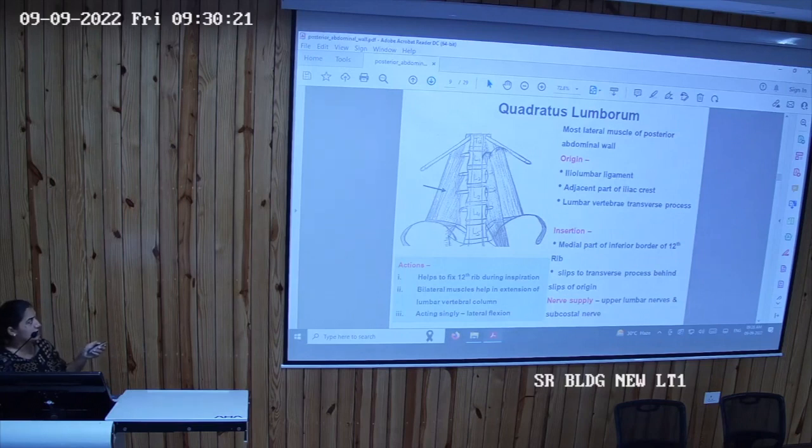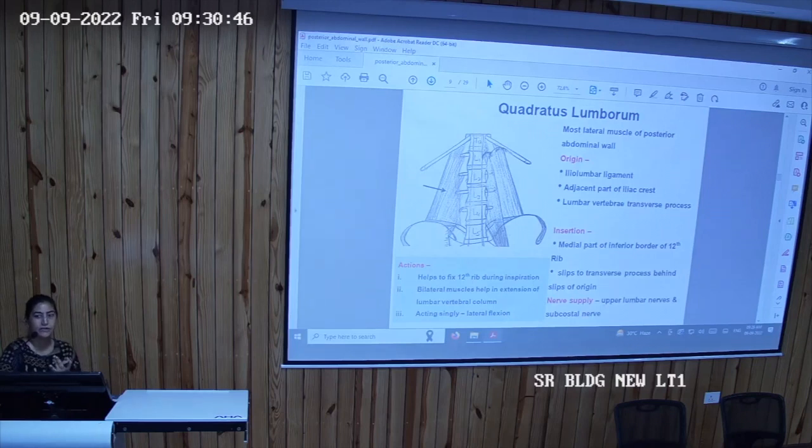So this is the 12th rib. Now if it is attaching onto the 12th rib and for the proximal attachment it is on the iliac crest, what would be the action of the quadratus lumborum? As it is attaching on the 12th rib, it will fix the 12th rib. It will fix the 12th rib during the inspiration. Now if there is bilateral contraction of the muscle, then it will cause the extension.